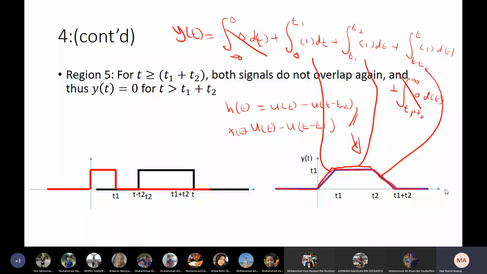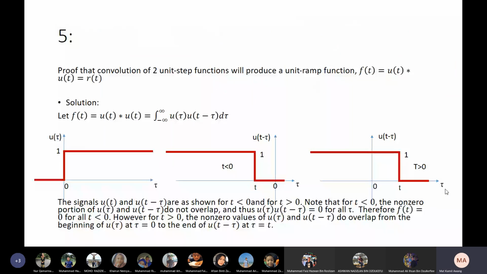Number 5, prove that the convolution of 2 unit step functions will produce a unit ramp function. So you need to prove that f of t equal to u of t convolved with u of t gives r of t. How are you going to do that?